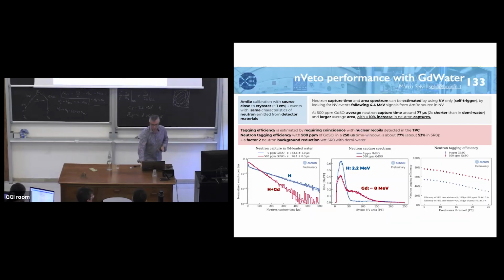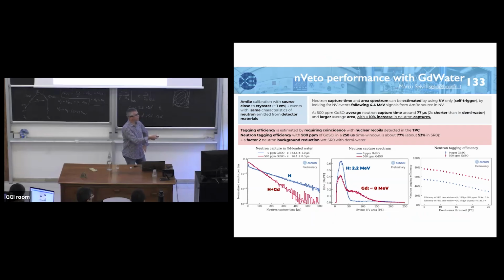So we managed to improve the neutron capture efficiency by a factor of 2 with the addition of gadolinium. Gadolinium has two effects. One is to reduce the capture time, depending on the concentration. With hydrogen, it was about 200 microseconds, and half of that with gadolinium.